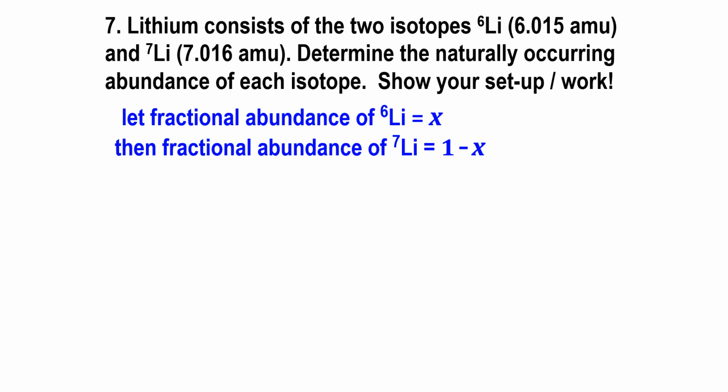And remember that 100% is equal to 1. That means if your lithium 6 is equal to X, then your lithium 7 needs to take over the rest of the percentage, which is 1 minus X.